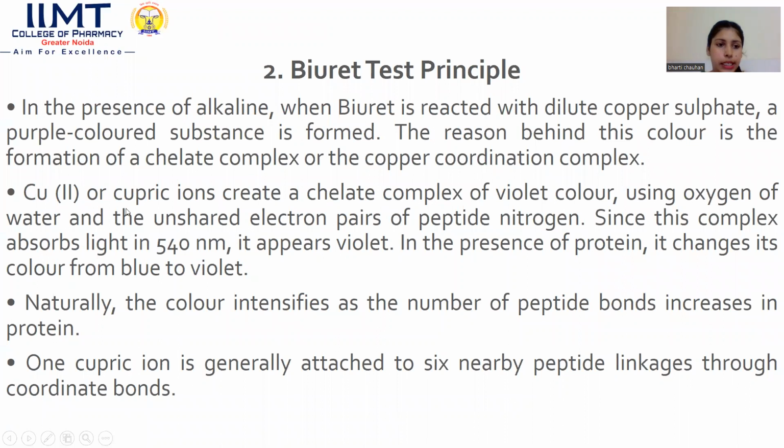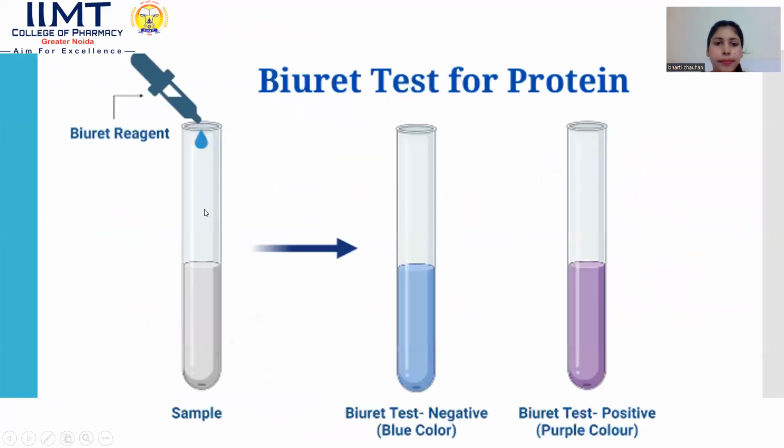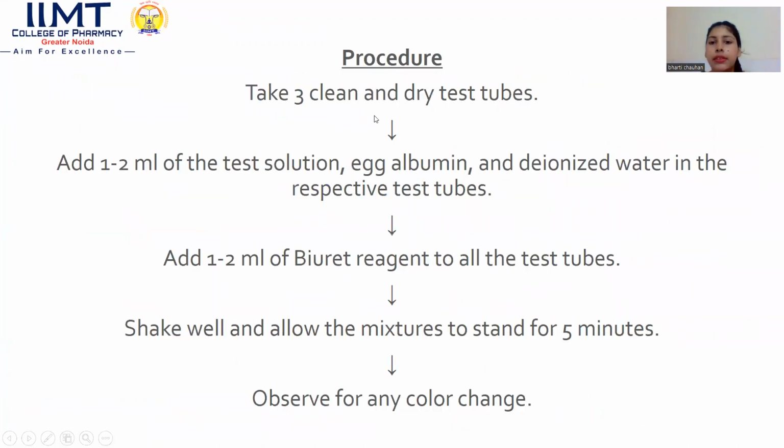Next test will be the Biuret test. Take 3 clean and dry test tubes. Add 1 to 2 ml of test solution, egg albumin, and deionized water. We will compare the test, the standard. You will take 3 test tubes containing these solutions respectively.